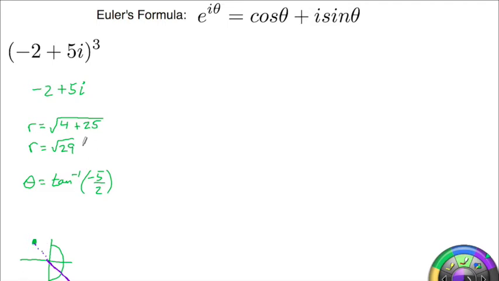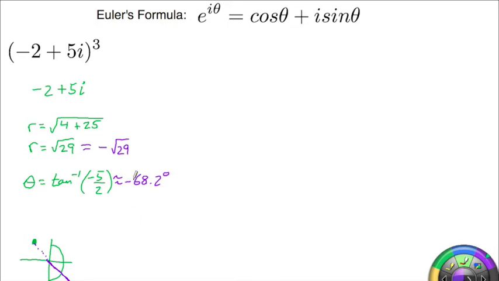So in this case, I'm going to let r equal negative square root of 29, and then whatever the angle spits out of the calculator, I'm just going to use that directly. So tan inverse of negative 5 divided by 2 is a negative 68.2. So this is approximately negative 68.2 degrees.